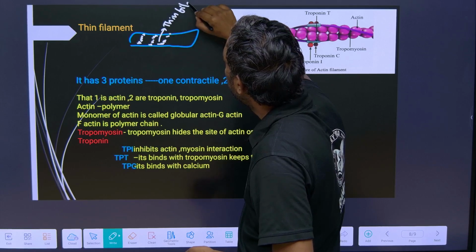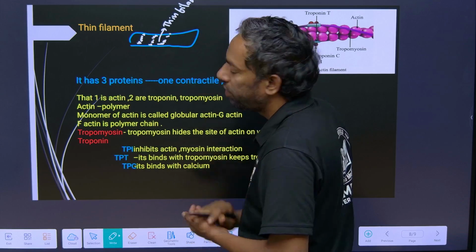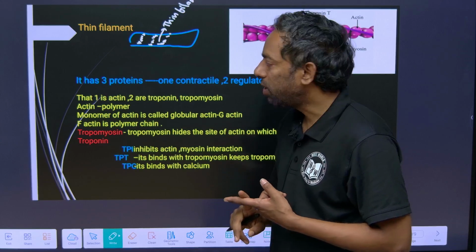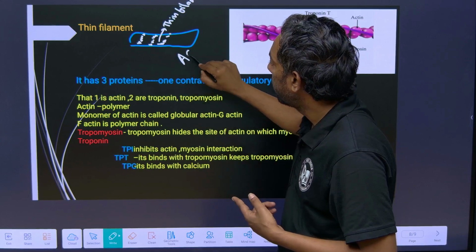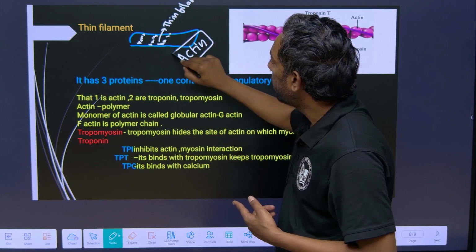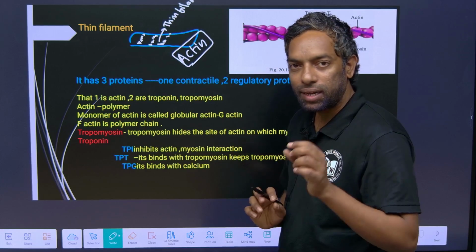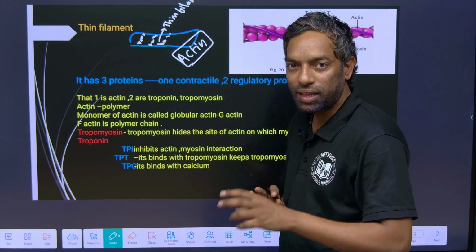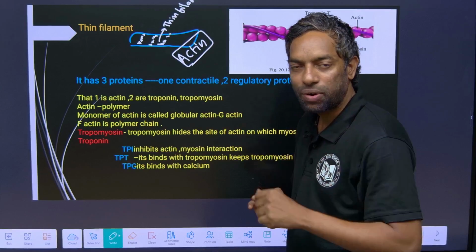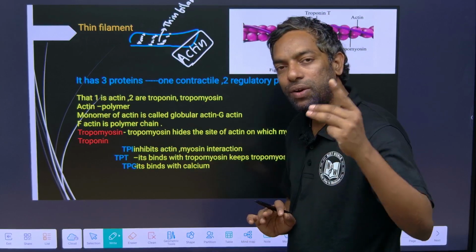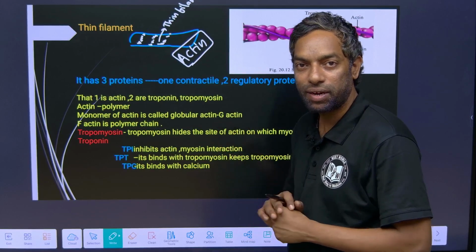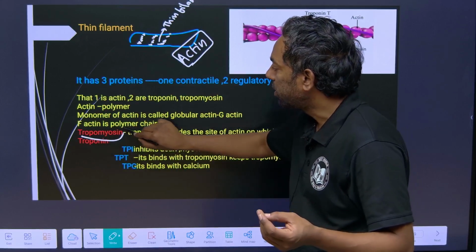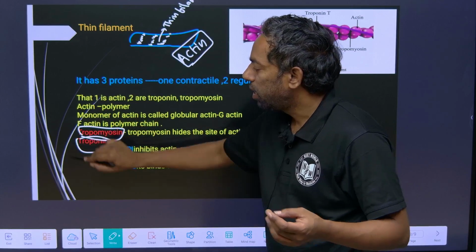The thin filament is also a contractile protein, which we can call actin, and in this actin there are two regulatory proteins also. In the thin filament, one contractile protein is there, named actin, and two regulatory proteins are also there, that is troponin and tropomyosin, guys.